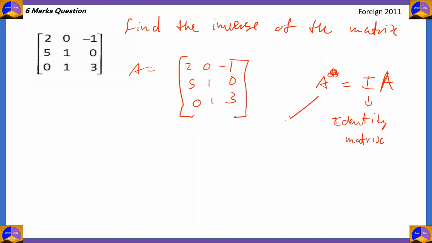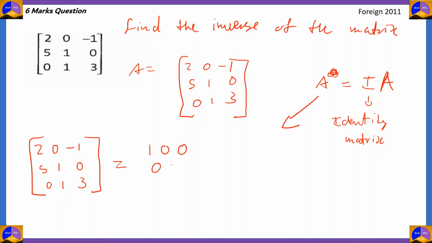So using A is equal to IA, what we'll get is 2, 0, minus 1, 5, 1, 0, 0, 1, 3 equal to I, which is 1, 0, 0, 0, 1, 0, 0, 0, 1 times A. Here we're not putting the value of A because now we're doing something else.